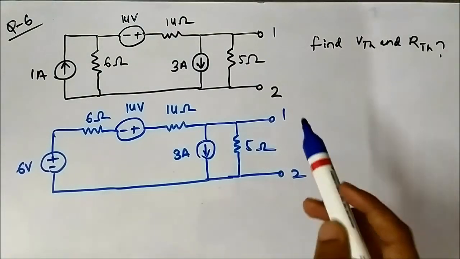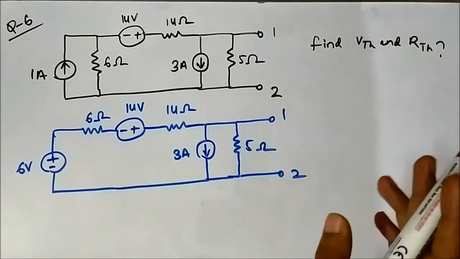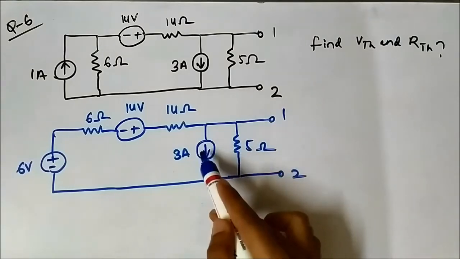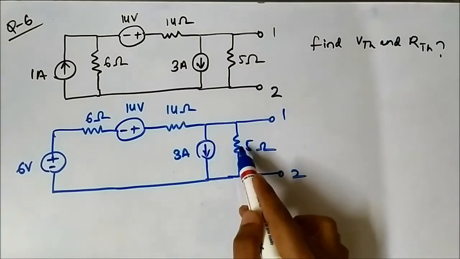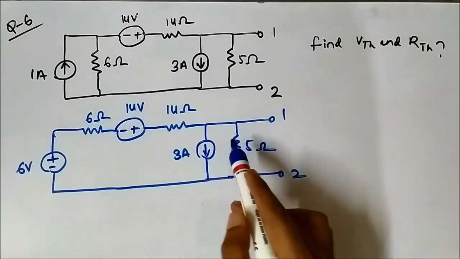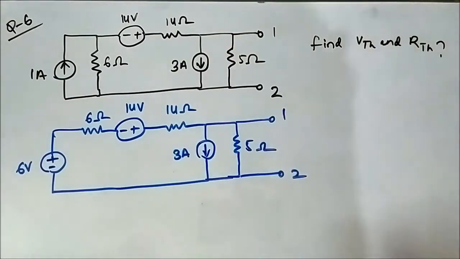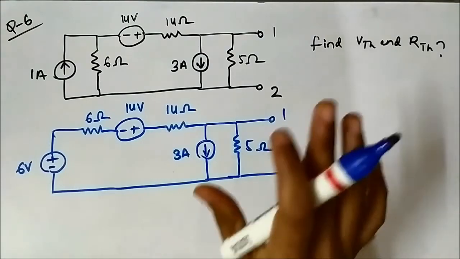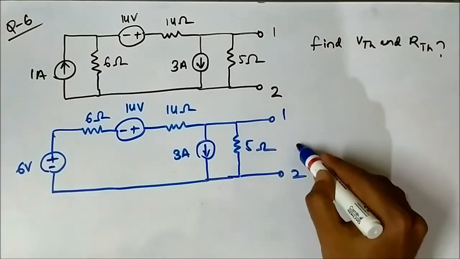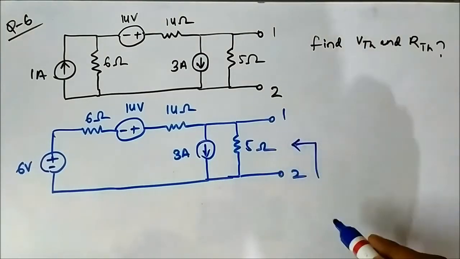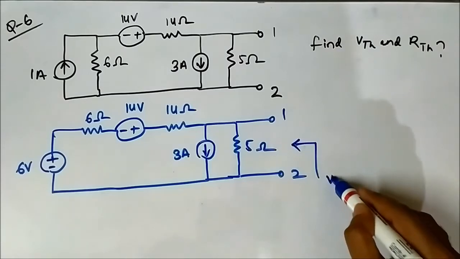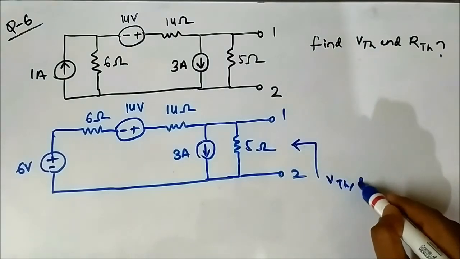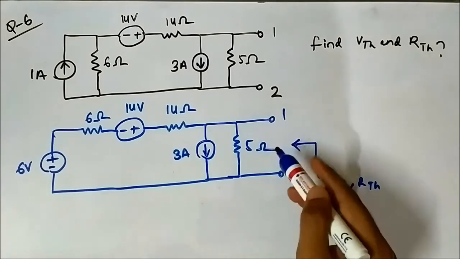Now here what most of the students do, they see that this current source and this resistor, they are also in the same format in parallel. So let us do source transformation here also. But please do not do that, because we have to find out the VTH and RTH across these two terminals.